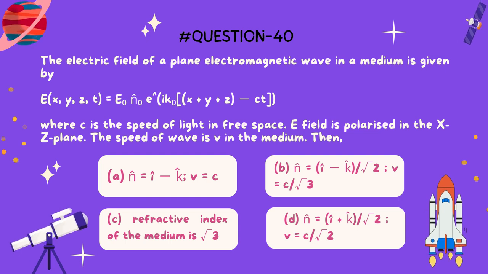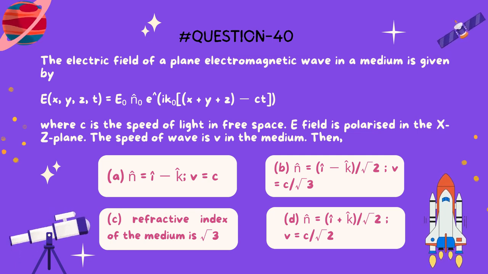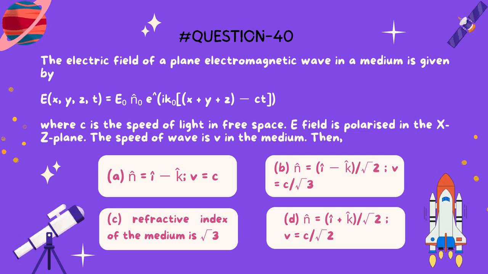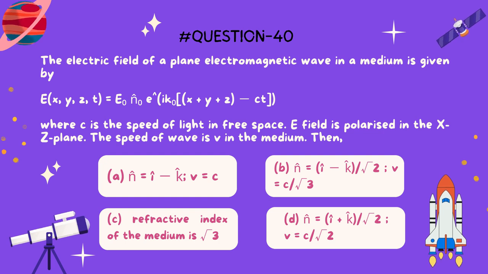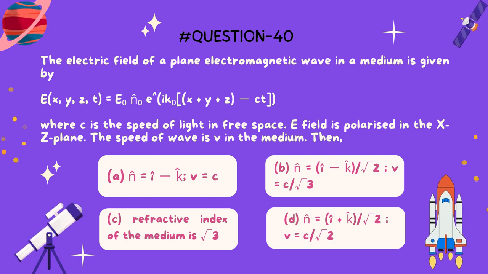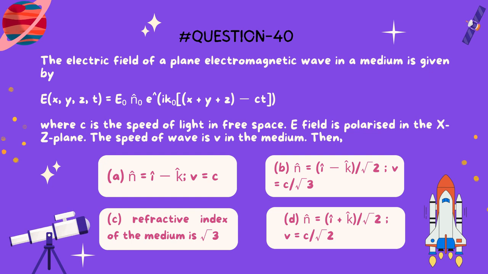E field is polarized in the XZ plane. The speed of wave is v in the medium. Then A. n hat equals i hat minus k hat, v equals c. B. n hat equals i hat minus k hat divided by square root of 2, v equals c divided by square root of 3.